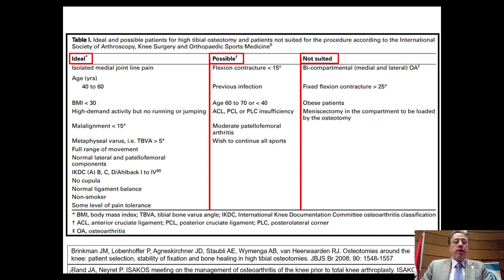The age of the patient between 40 to 60, BMI less than 25 to 30, high demanding patients, malalignment less than 15 to 20 degrees, metaphyseal varus angle, what we call in the English literature the tibial bone varus angle, more than 3 to 5 degrees, full range of motion, a good lateral compartment and patellofemoral compartment, no posterior erosion of the tibial plateau, and a normal condition of the MCL and the LCL, non-smoker.